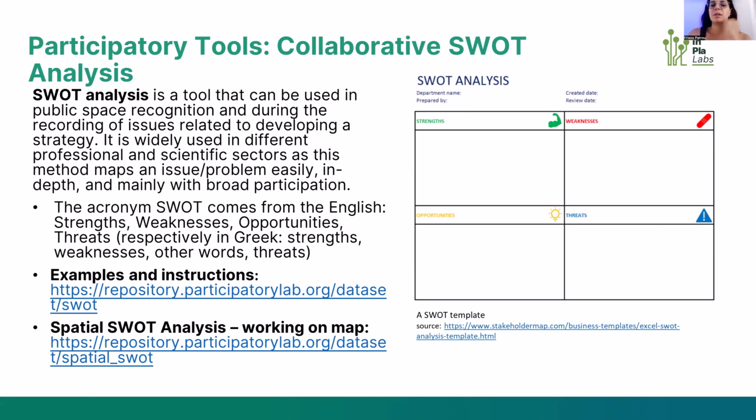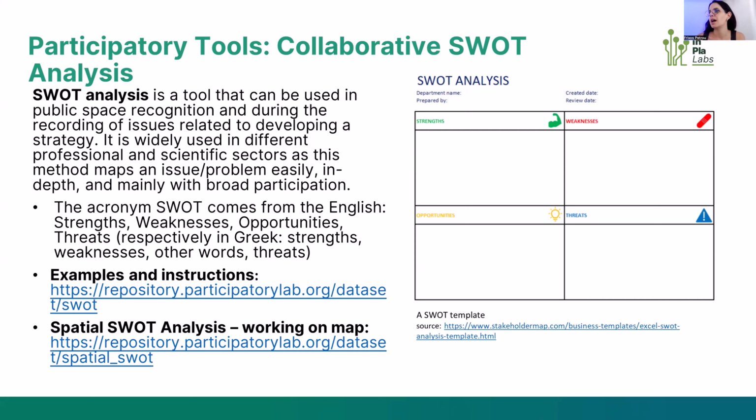In our work in urban planning and regional planning, the tool of spatial SWOT analysis is also really beneficial. I have included here some links. You will have the presentation afterwards, so you will have these links if you want to search more about these examples. The spatial SWOT analysis is the way of mapping all these features.